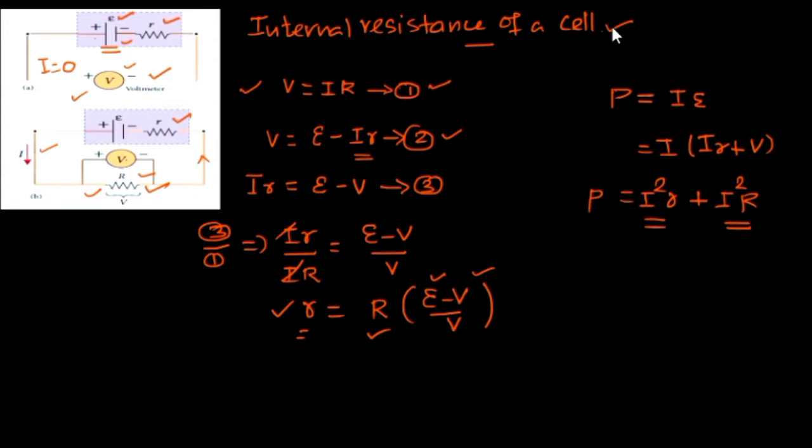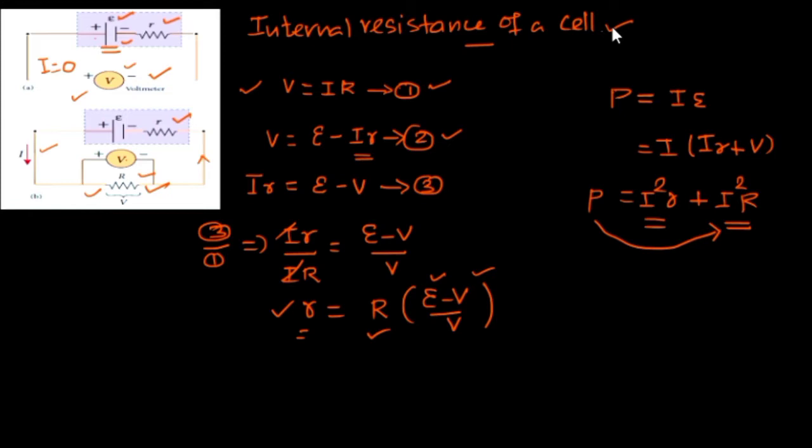One is the power dissipated across the external resistance and the other is the power dissipated across the internal resistance also. So our aim is that whatever power is delivered by the cell should be dissipated across the total resistance, that is the external resistance R.